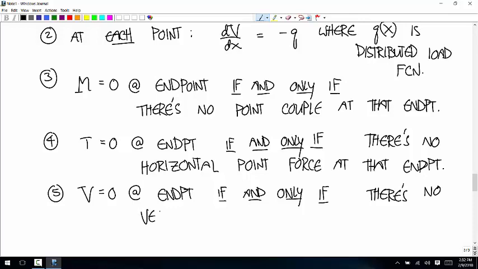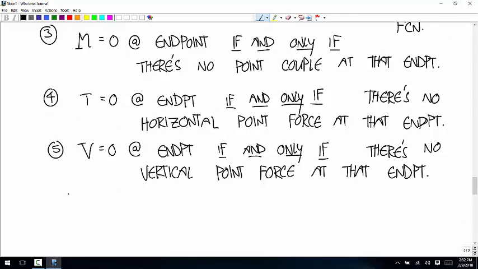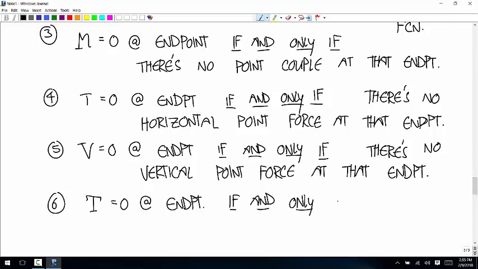There's no vertical point force at that endpoint. And then the last one? Torque, yep. So the torque is equal to 0 at an endpoint if and only if there's no point torque at that endpoint.